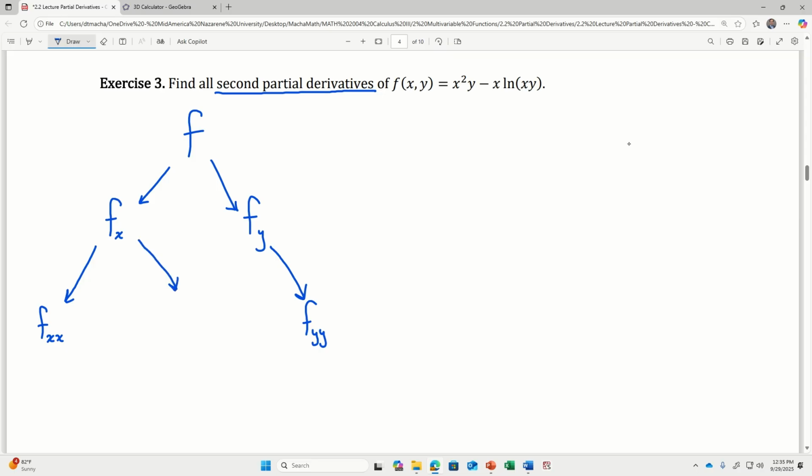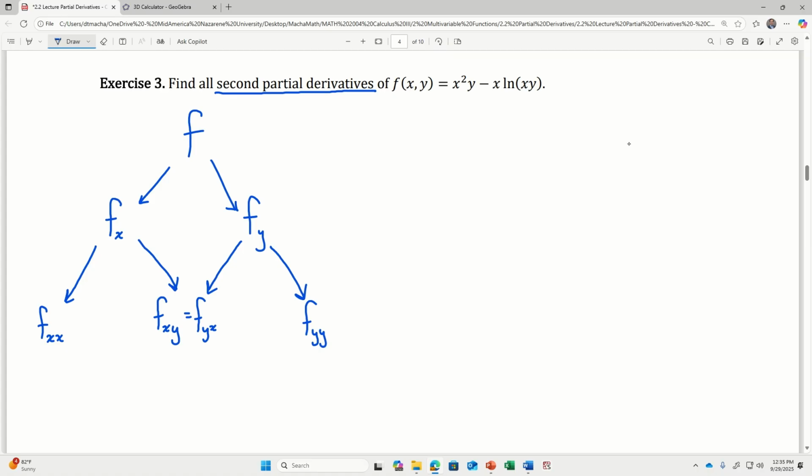There's also something I can do. I can take a partial derivative of f with respect to x and y. And then I could also decide to take a partial derivative of f with respect to y, and then again with respect to x.